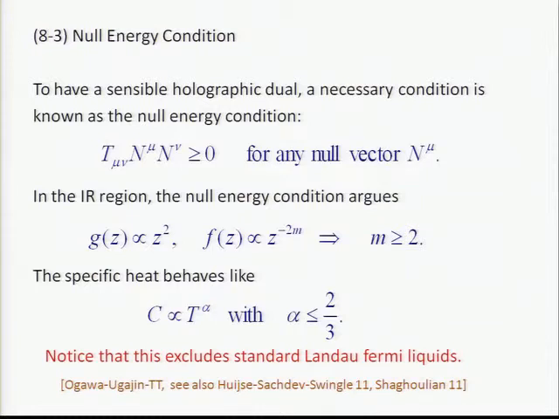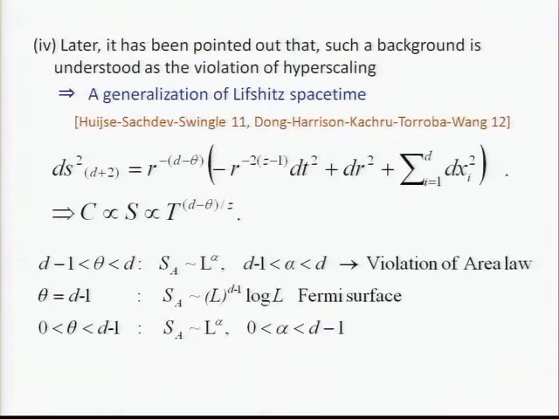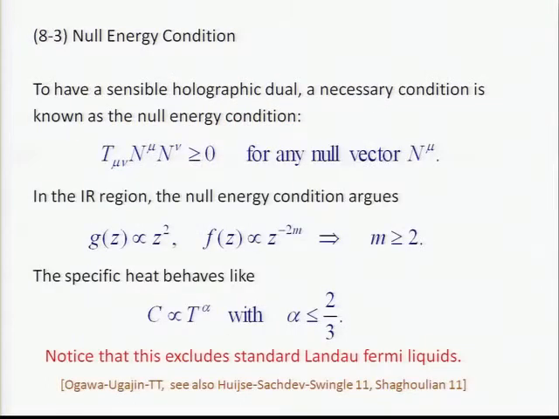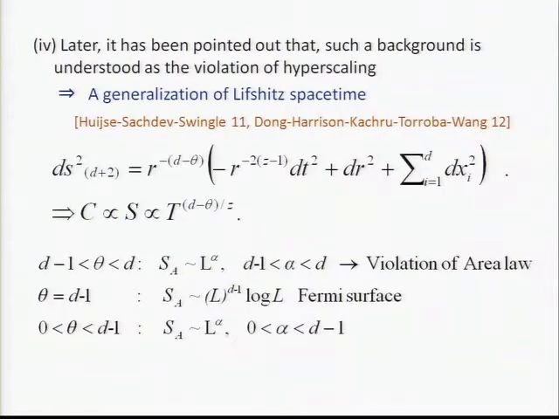But this class of solutions that you had, in your later slide, this one, this corresponds to only alpha. What is the value of m here? Here m is related to z and theta, but its relation is not trivial.